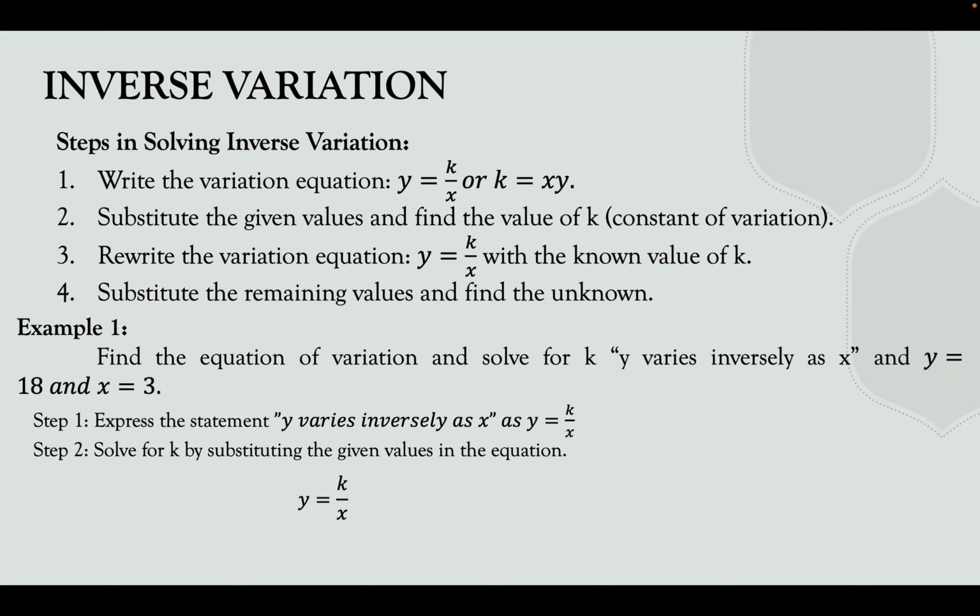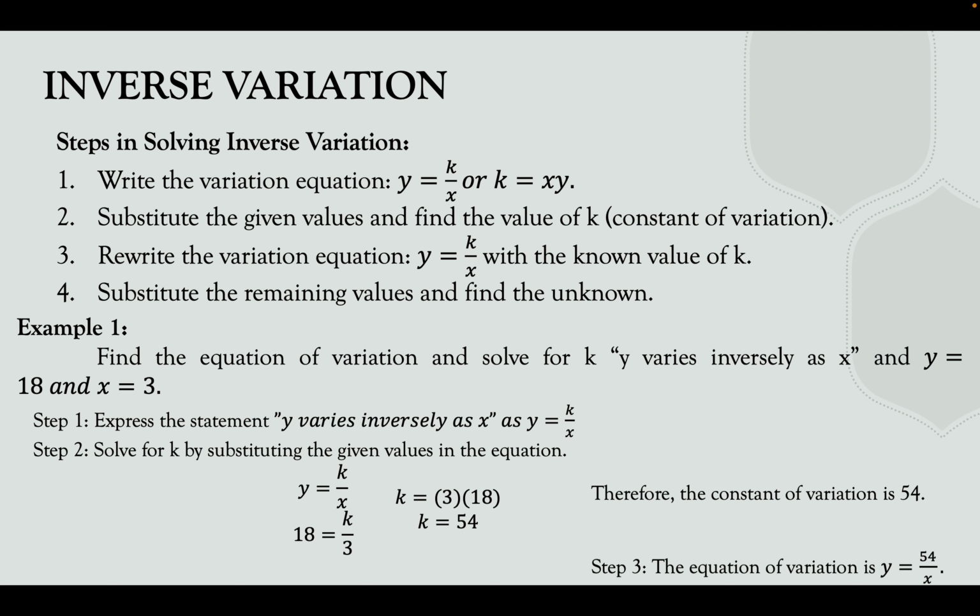We have 18 as our y equals k over 3 as our x. Now next, we need to cross multiply, so we'll get k equals 3 times 18. So 3 times 18, we have k equals 54. Therefore, the constant of variation is 54, and the equation of variation now is y equals 54 over x.